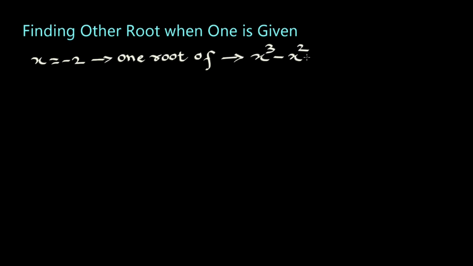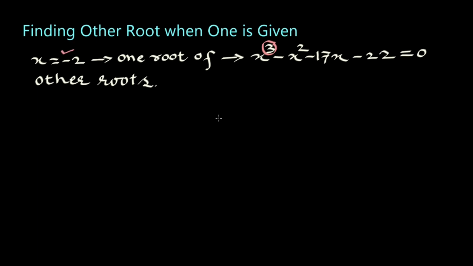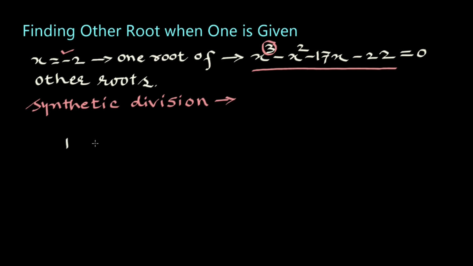If x equals minus 2 is one root of x cube minus x square minus 17x minus 22 equals 0, we have to find the other roots. The degree of this polynomial is 3, which means this has at most 3 roots, out of which one is given, minus 2. If one root is minus 2, then we will find the remaining 2 roots by synthetic division, for which we write this polynomial in the coefficient form 1, minus 1, minus 17 and minus 22.